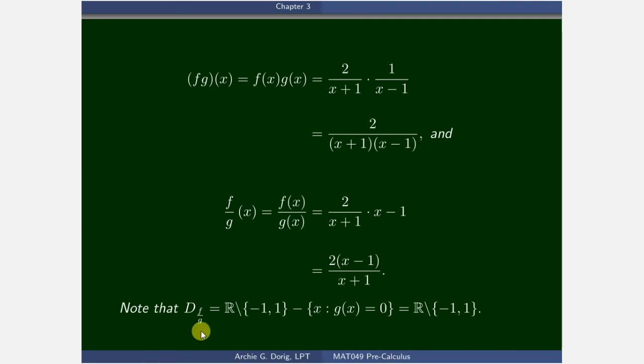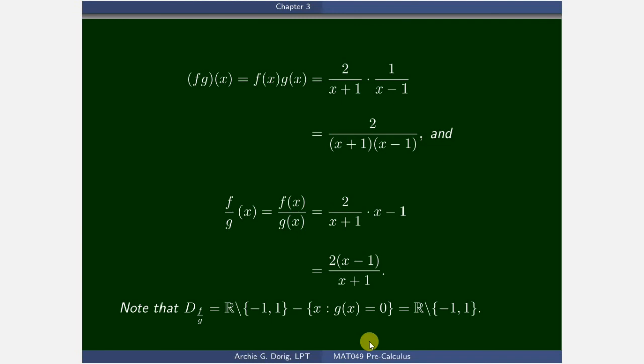Note that the domain of their quotient is just equal to the domain of f and the domain of g. So this is the domain of f intersection the domain of g minus the set of all x such that g of x is 0.